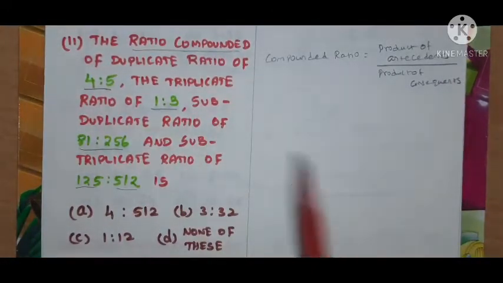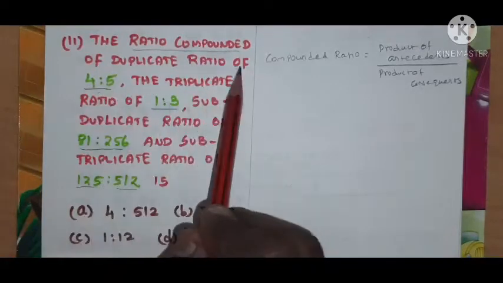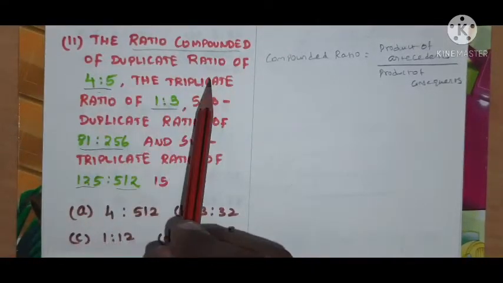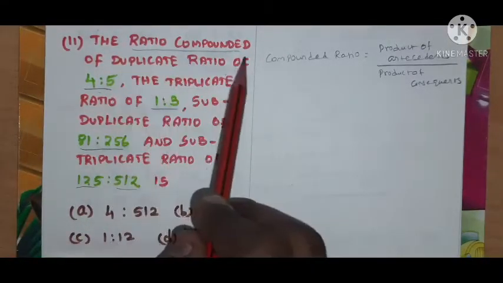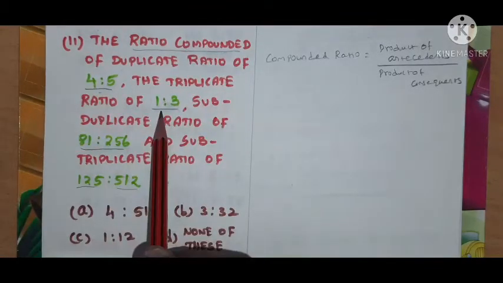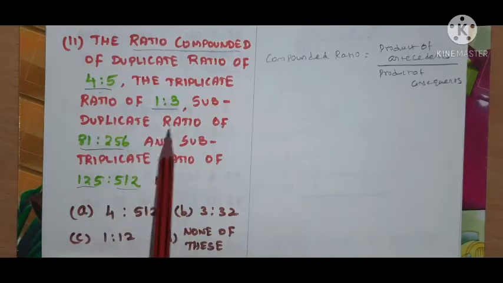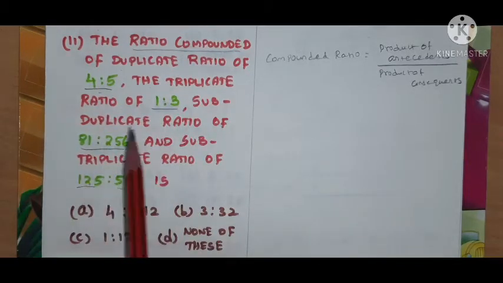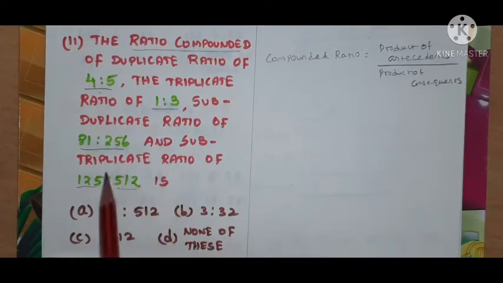We know this. Look here, we have 4 different ratios, none of them a direct ratio. The first one is the duplicate ratio of 4 is to 5, the next one is the triplicate ratio of 1 is to 3, the next one is the sub-duplicate ratio of 81 is to 256, and the final one is the sub-triplicate ratio of 125 is to 512.